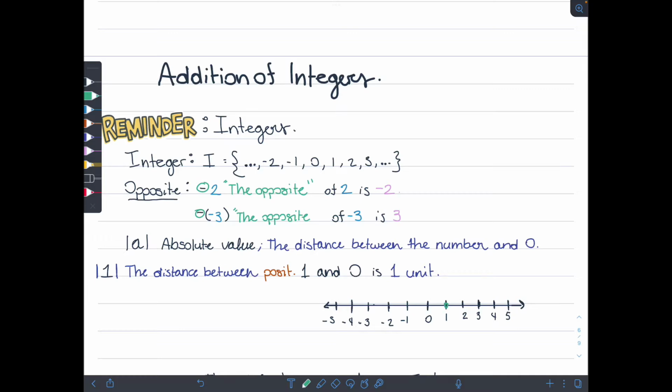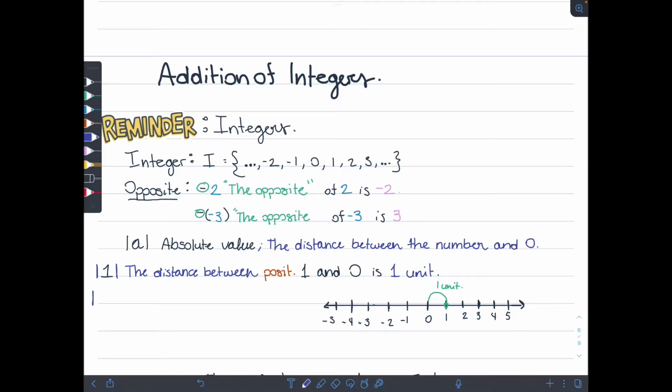Let's see if this is true. We're going to start at positive 1, and we're going to count how many hops it takes to reach 0. 1. Look at that, 1 hop, or 1 unit. It took 1 hop to reach 0.